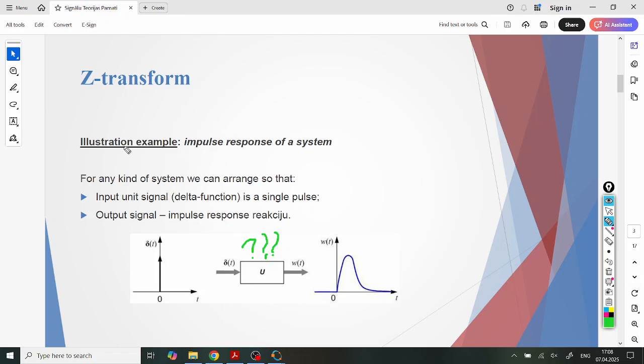So that's how you define the impulse response. It's a reaction to the single hit, in essence. Yes, so the single pulse.